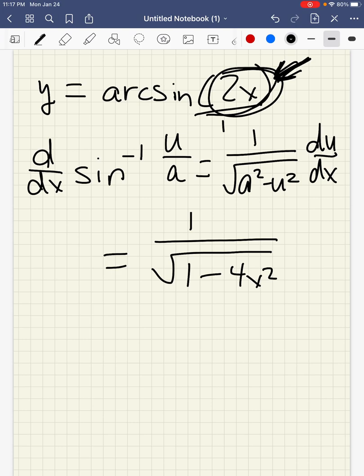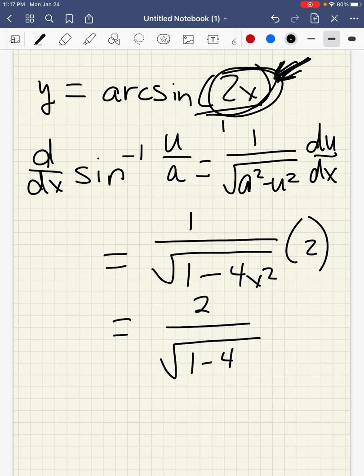So we have to multiply that by 2, which simplifies to 2 over the square root of 1 minus 4x squared. So again, think of this right here as the chain rule. This right here is not just u, it's 2x. So we have to multiply by the derivative of that u, which becomes the 2.